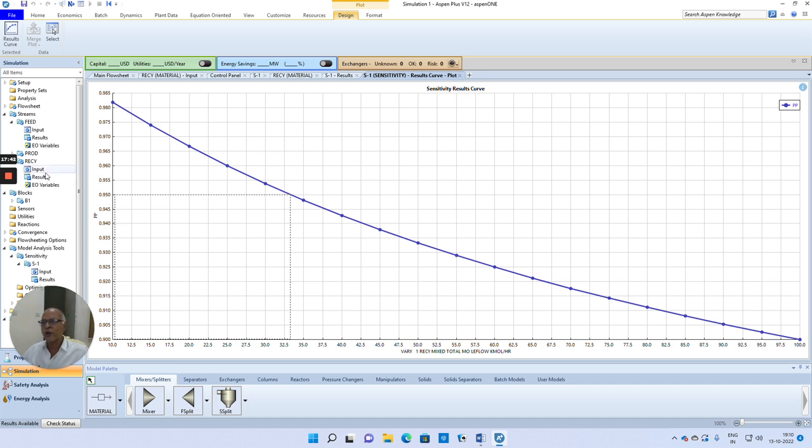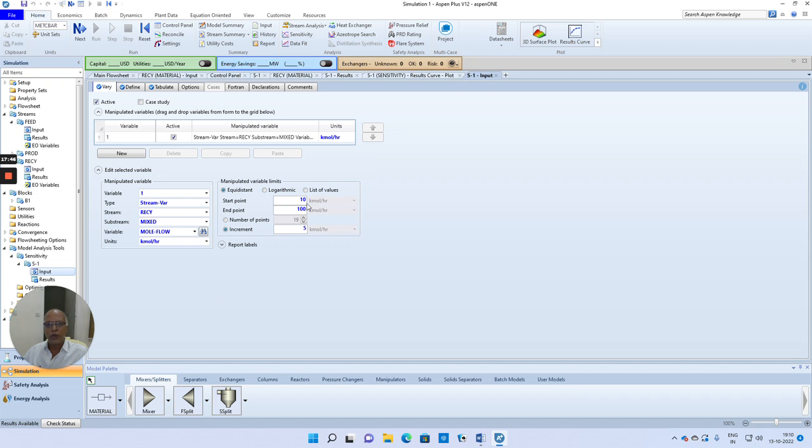So if you want to further refine your output, you go back to the input because we now have an idea. Maybe you can say 30 to 35, in steps of maybe 1 or even 0.1. Right? So let us run this problem again.